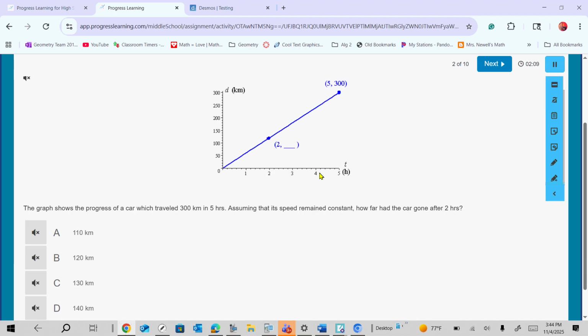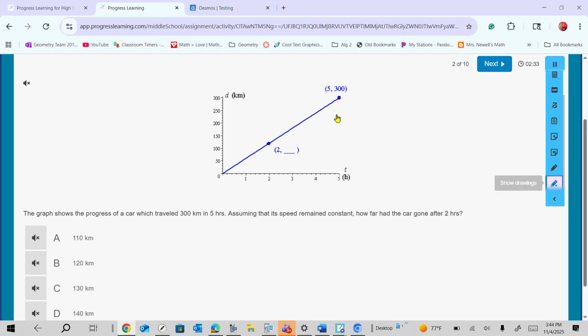So remember, this is a direct variation because it goes to the origin. The y varies with the x. So assuming that speed remains constant, how far could the car have gone after 2 hours?